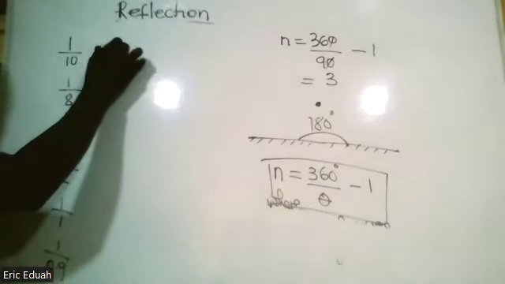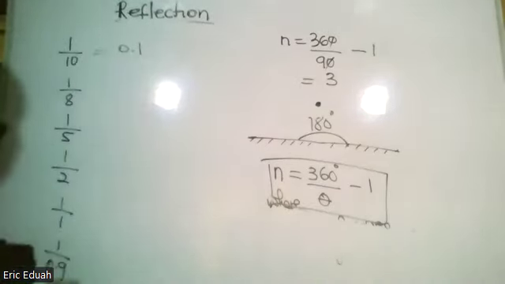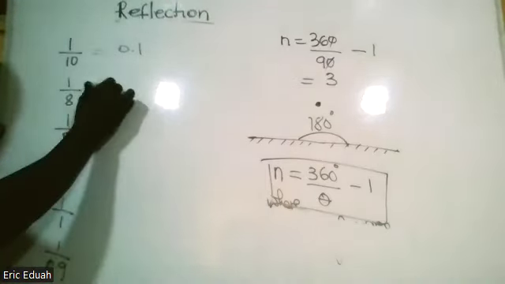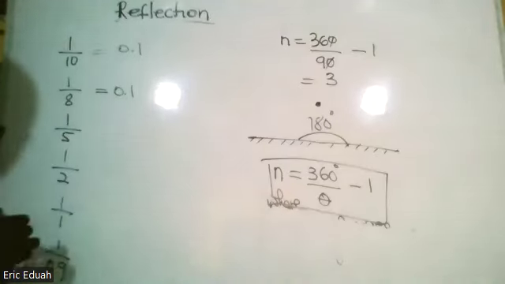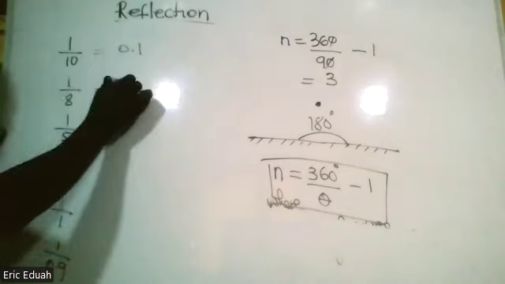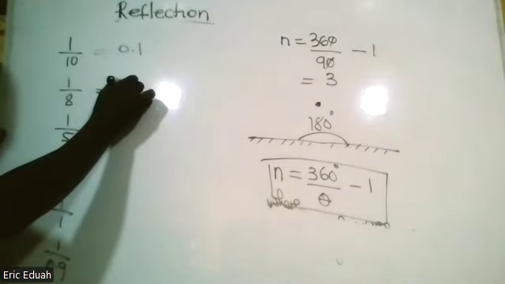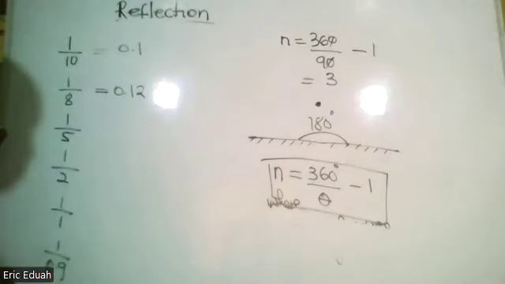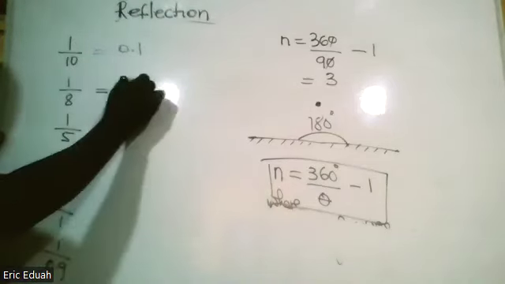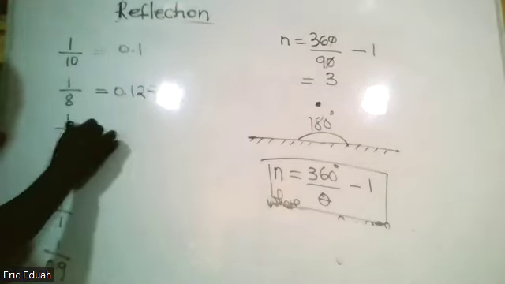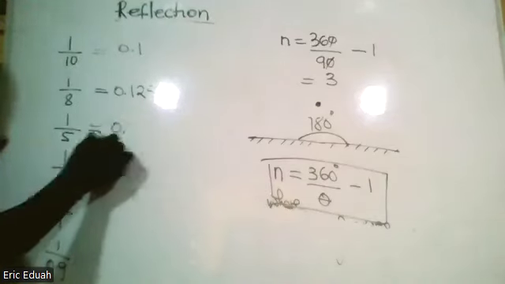This is giving us 0.1. What about 1 divided by 8? 0.125. Then this is 0.1.